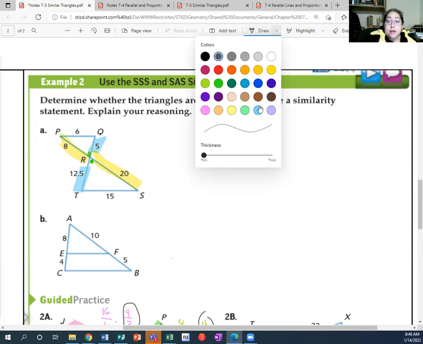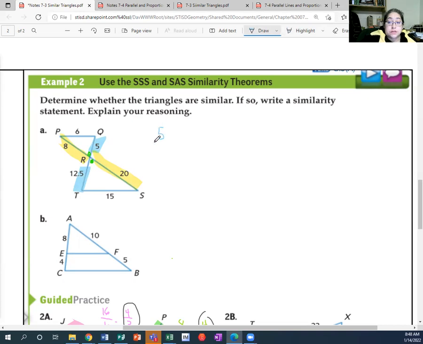All right, I'm going to grab some proportions, going to do the triangle on the top divided by the triangle on the bottom. I've got a decimal in my fraction. I don't want to try to reduce that in my head the way I did the other ones. So I'm going to turn that ratio into a decimal. I'm just going to do 5 divided by 12.5 in my calculator.